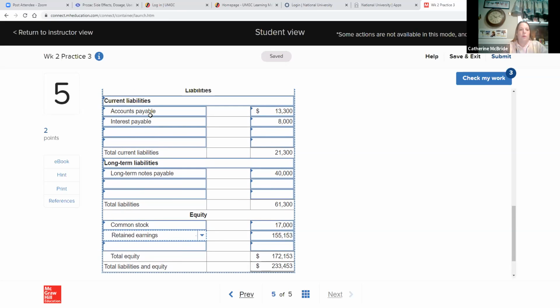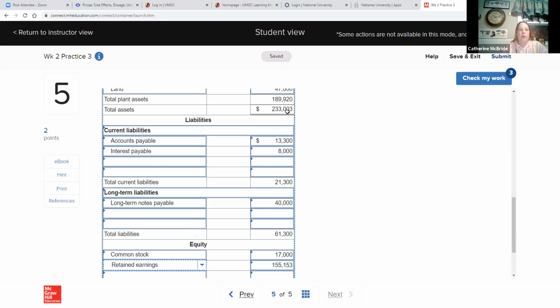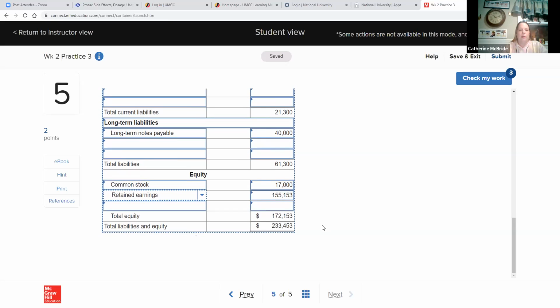So total assets are 233,003. Uh-oh, we did something wrong. What did I do wrong?